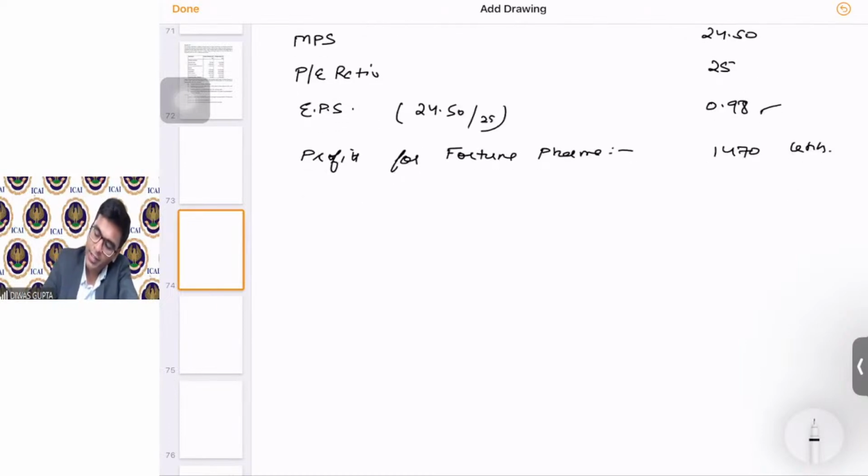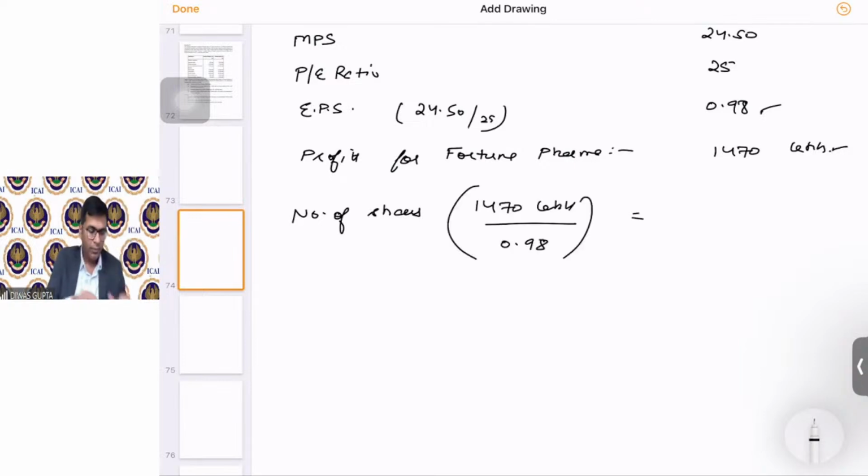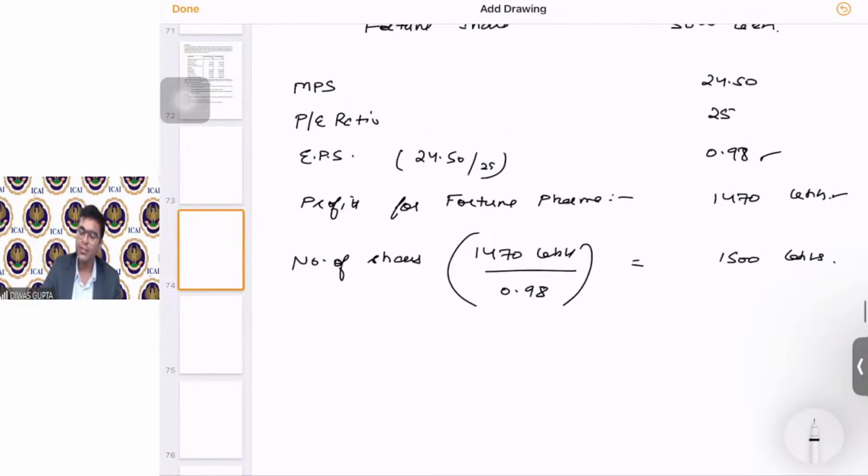Yes, we can, because total profits divided by EPS is equal to the number of shares. So students, please note, we have back calculated the number of shares: 1470 divided by 0.98. Sorry, this becomes 1500 lakhs. Simple. Any questions till now, students? So we have used this information to back calculate the number of shares.